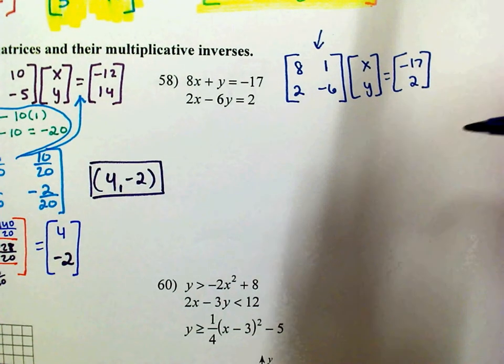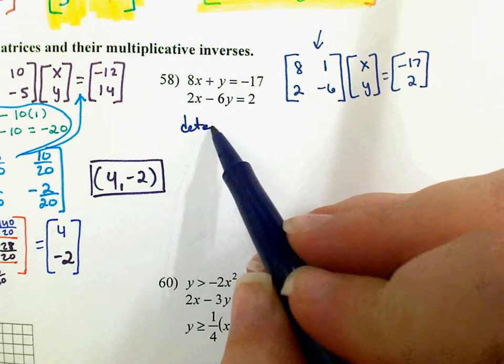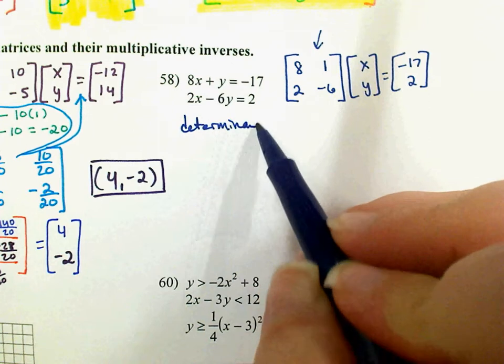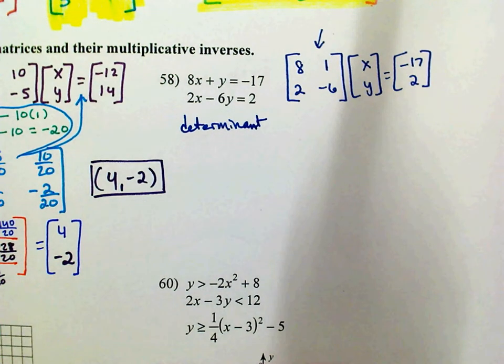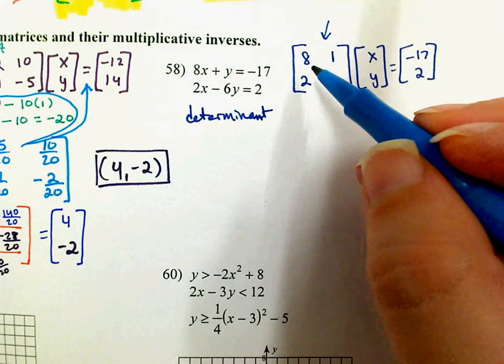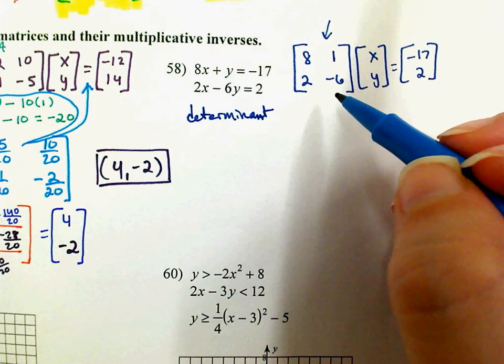So I need to find the determinant. So let's find the determinant. And how do I do that? You're talking about the adjugate, right?